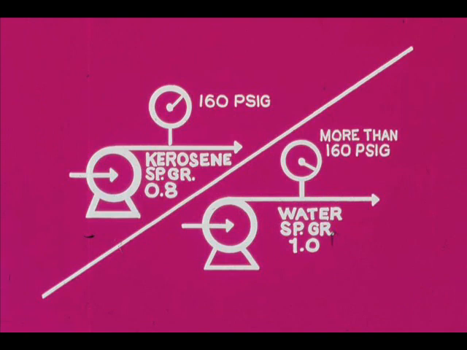Suppose a centrifugal pump has a discharge pressure of 160 psig when pumping kerosene, specific gravity 0.8. Then if it were to pump water, specific gravity 1.0, at the same rate, the discharge pressure would be greater than 160 psig.